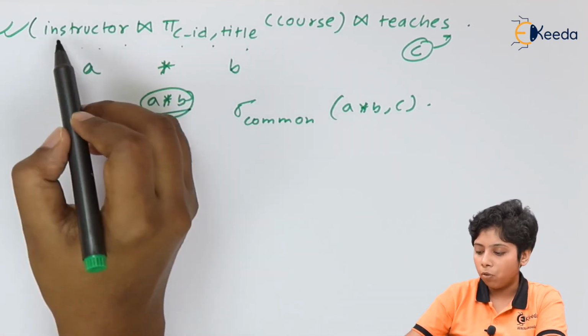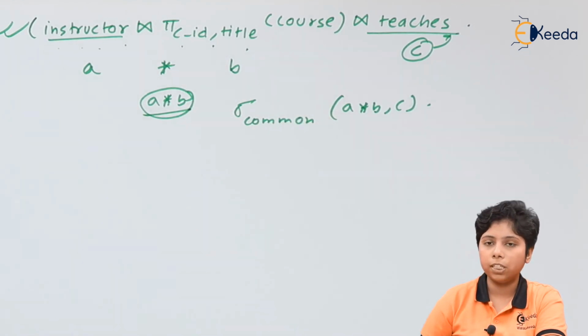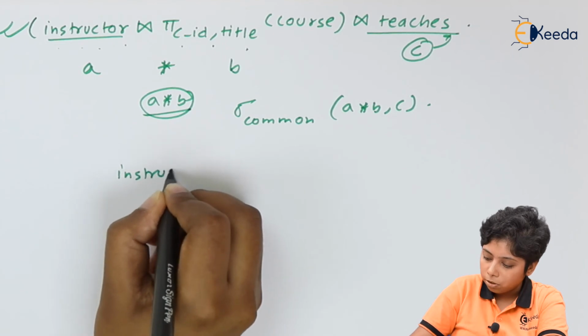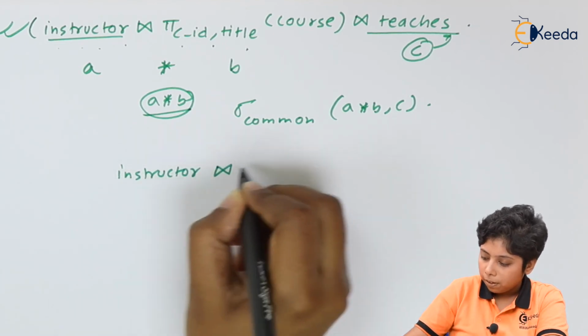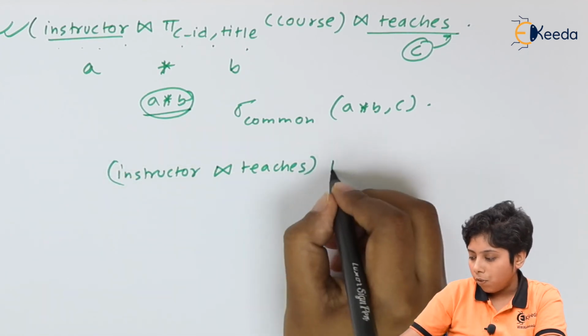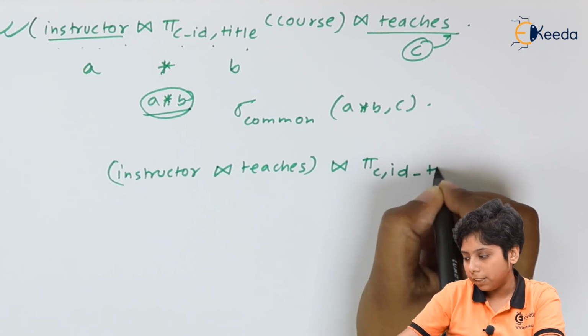So we always go for the instructor-teaches combination first, then go with course, because we have selected the instructor and teaches joining over the joining of course ID and title.